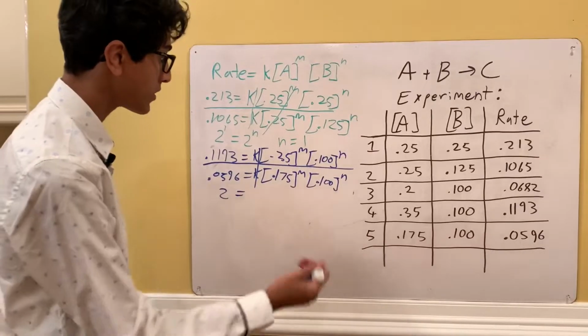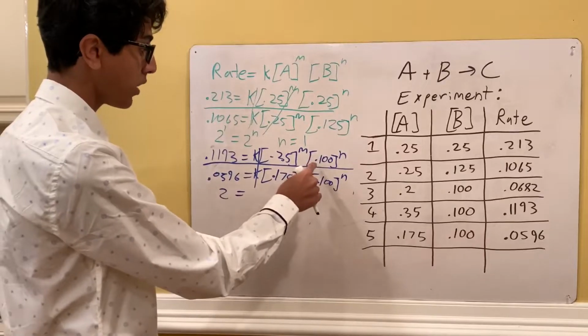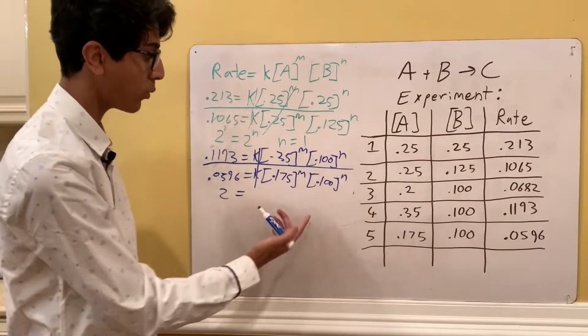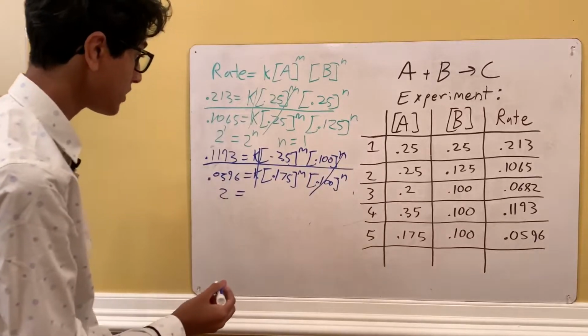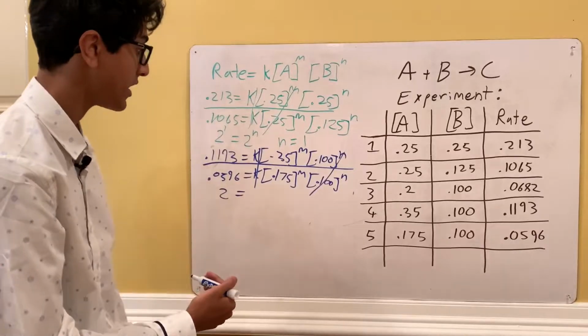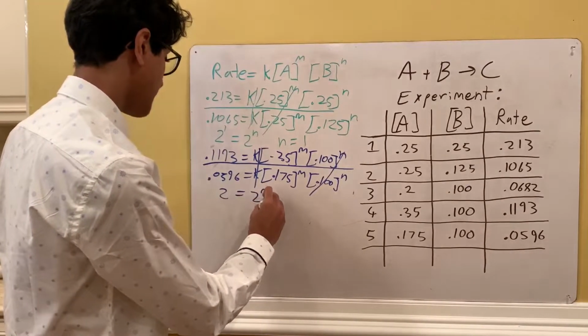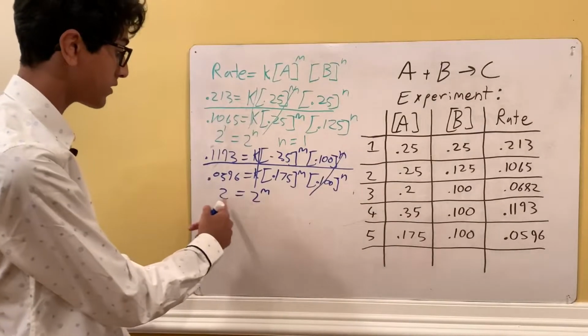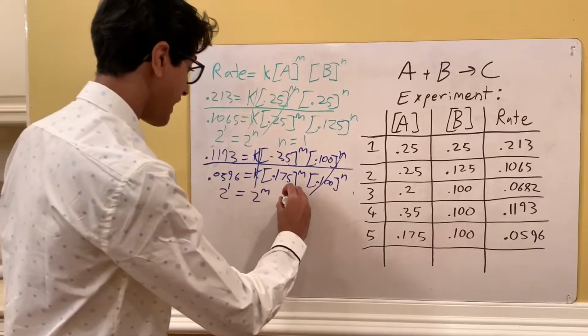This time, the concentration of B is what's going to be canceling out. 0.100 to the N divided by 0.100 to the N is just 1, so we'll cancel all that out. And then 0.35 to the M divided by 0.175 to the M is going to be just 2 to the M. Again, we can see that the bases are the same, so we can just set the exponents equal to each other. 2 to the 1, and M is equal to 1.